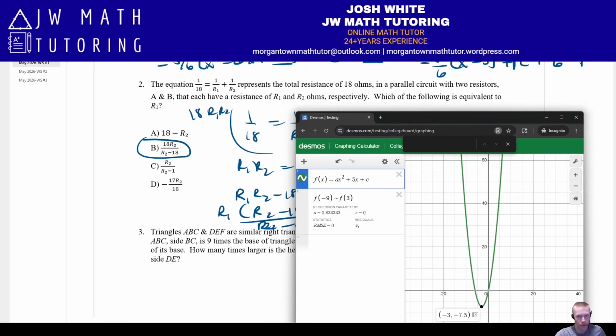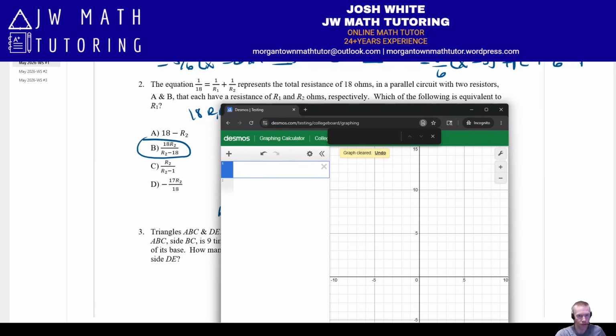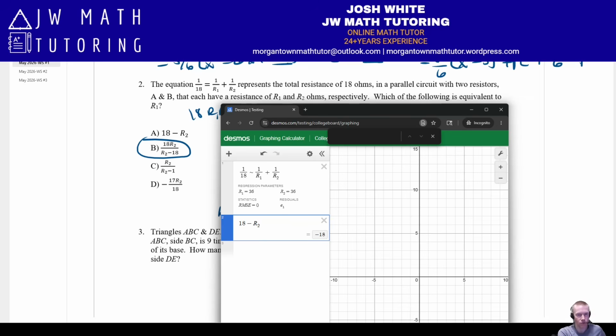Now, if you want to do it in Desmos, all we have to do is type the formula. Notice it automatically picks values for R1 and R2. Now it makes them the same. That should be fine. We'll see what happens with the answer choices when we check them. So now we're looking for whichever one of the answer choices equals 36.